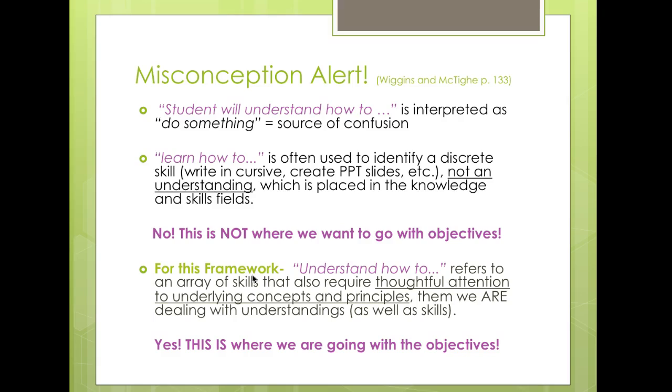People think "learn how to" is often used to identify discrete skills: writing in cursive, creating PowerPoint slides, 70% correct spelling, that kind of thing. These are not understandings. But people will place these in the knowledge and skills field thinking that this is somehow what "learn how to do" is supposed to look like. This is not where we want to go with objectives.